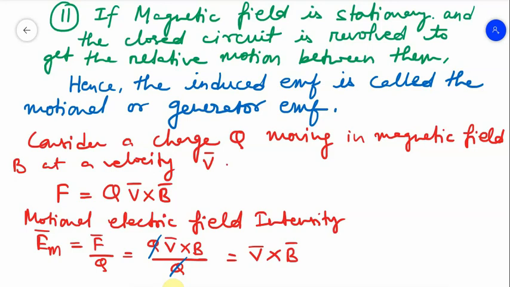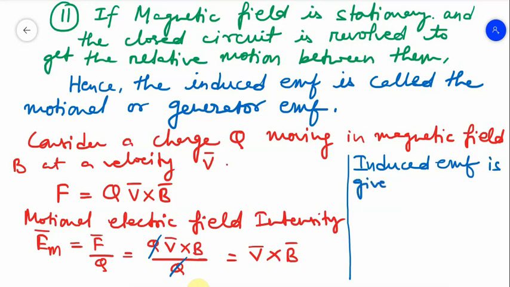Okay. Now how can we determine the induced EMF? The induced EMF is given by E equals to ∮Em·dl. So in this case, we are deriving the things for generator EMF, so the induced EMF will be equal to ∮Em·dl.